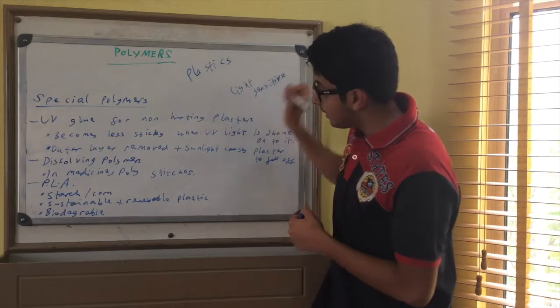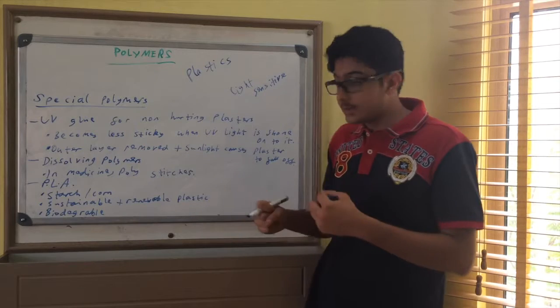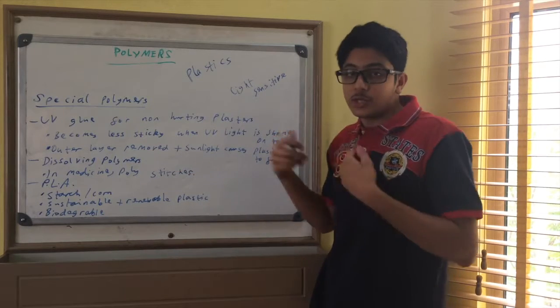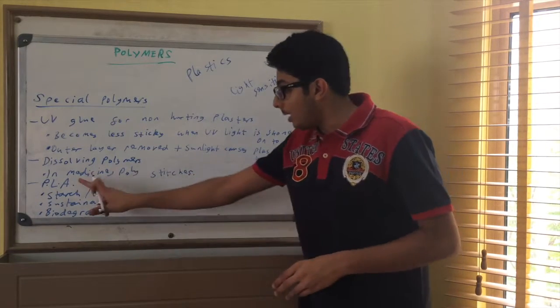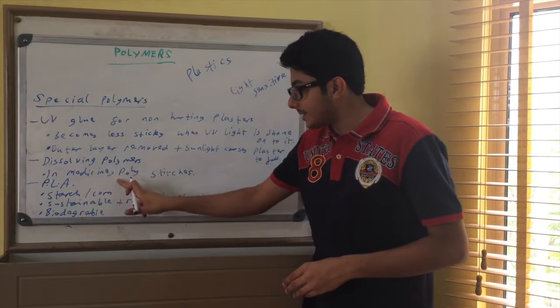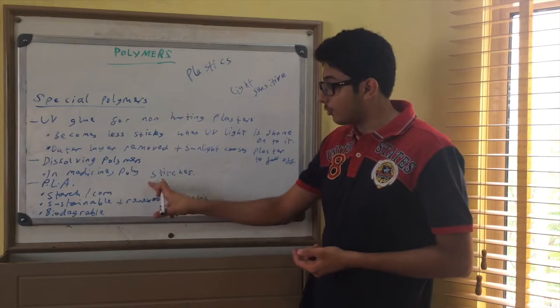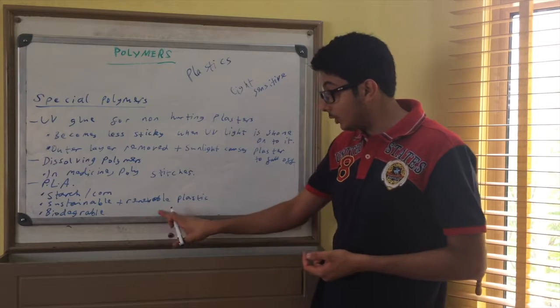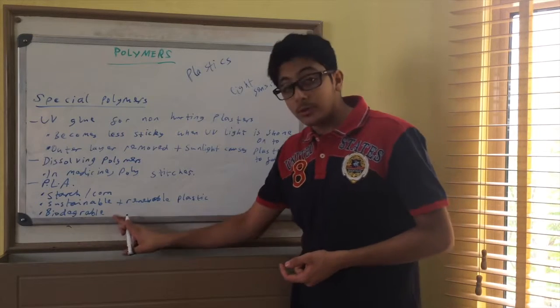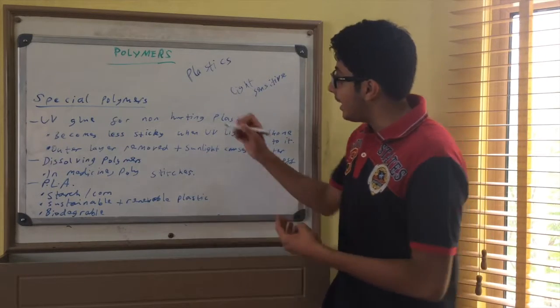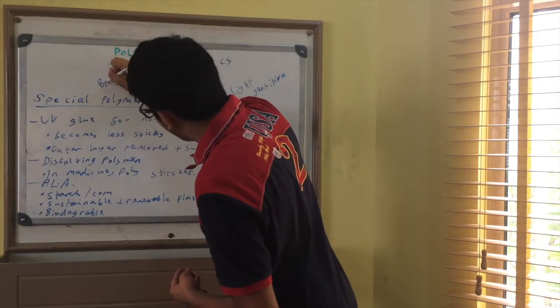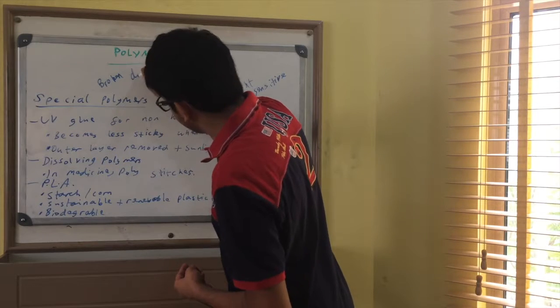Also, we have dissolving polymers, like in medicines, polystitches, which naturally dissolve in the body, and PLA, polylactic acid. This polymer is made from starch or corn and is sustainable and renewable and is biodegradable, which means it can be broken down by microorganisms.